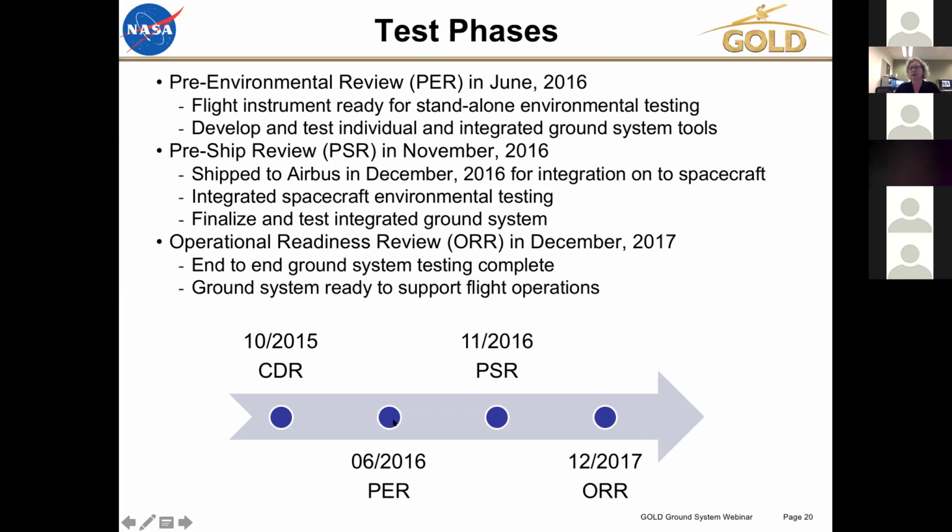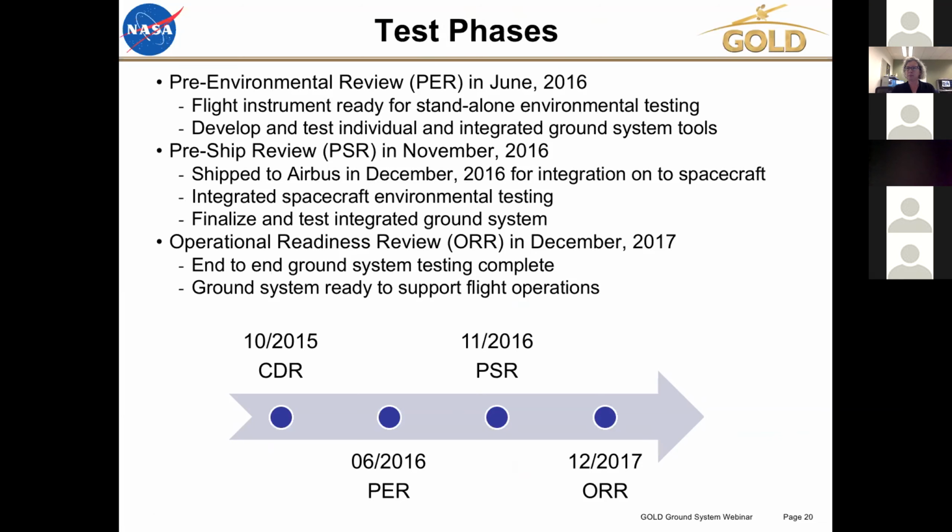That meant that the flight instrument was ready to perform instrument standalone testing, and the ground system had enough development that it was able to support these tests. We continued with ground system development throughout, and instrument testing from June of 2016 through November of 2016, when we had our pre-ship review, or PSR.